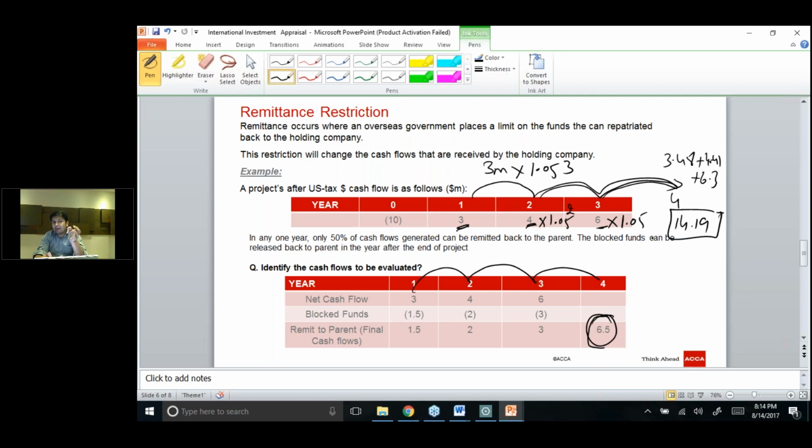So remember one thing, if you have a situation of block remittance in a P4 question, normally you have to reinvest those blocked funds in the subsidiary country till the permission is granted to transfer the funds to the parent company.